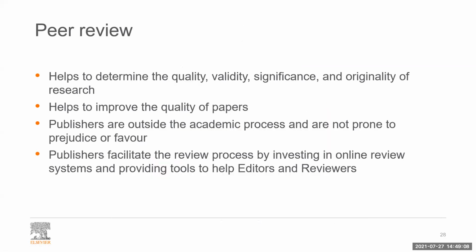Peer review has become the filter that is used to evaluate the quality, comment on validity, judge the significance, and determine originality of research. The process also helps to improve the quality of the paper. In a recent study by the Publishing Research Consortium, over 90% of authors agreed that peer review improved the quality of their paper.